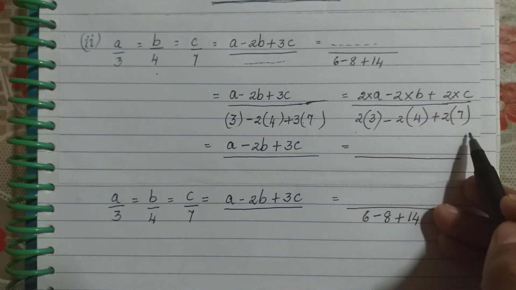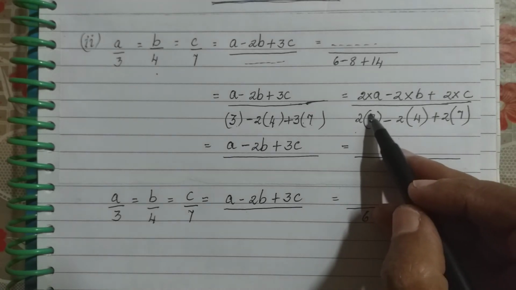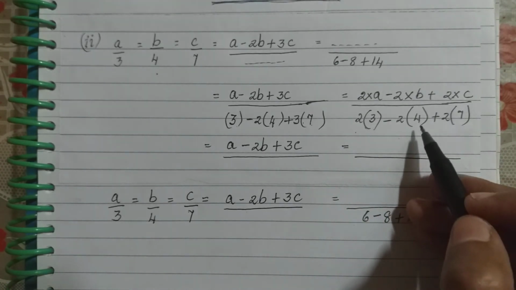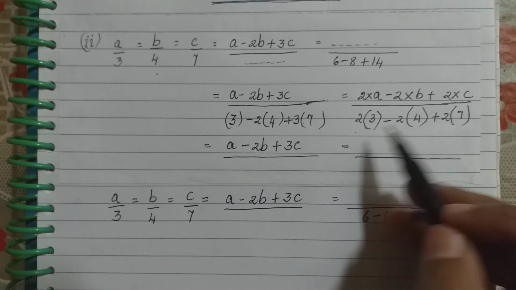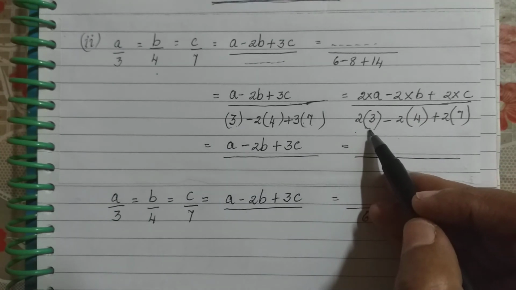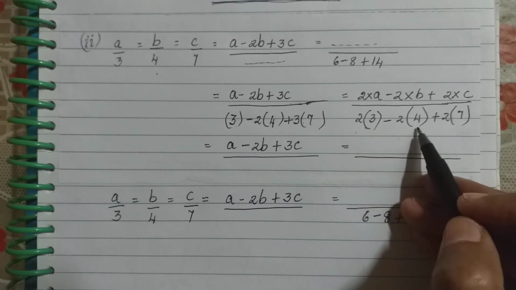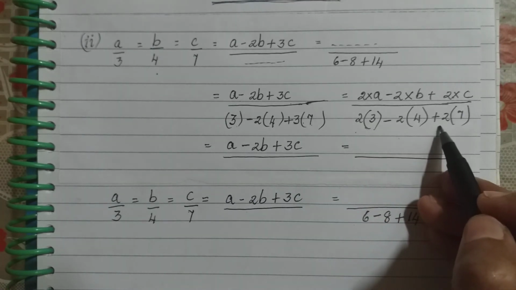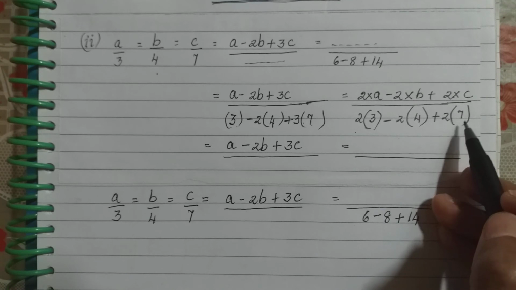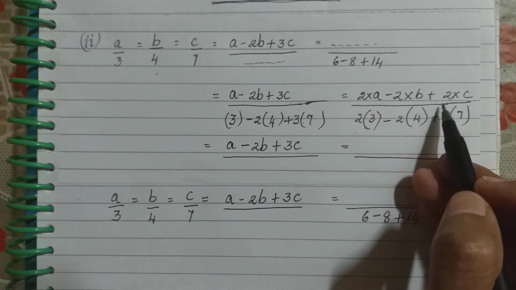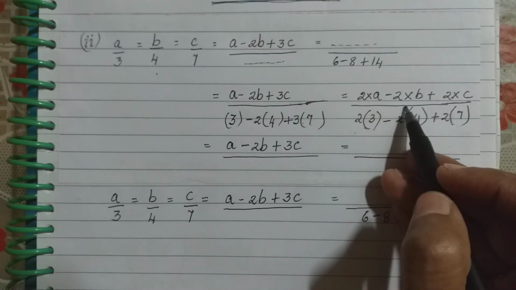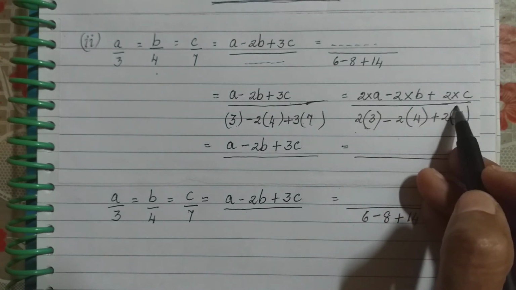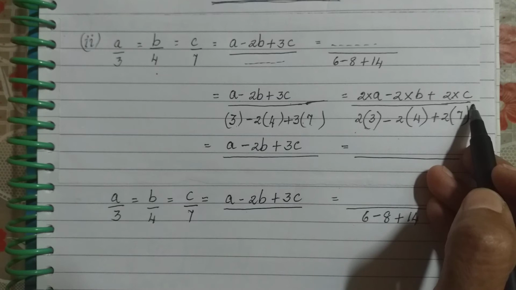It should be corresponding to this itself. So what do I get? That this must be A, this must be B, and this must be C. So then what will this be? 2 into A minus 2 into B plus 2 into C. So that is why the numerator is written as 2 into A minus 2 into B plus 2 into C.